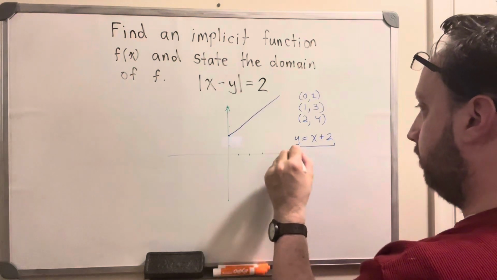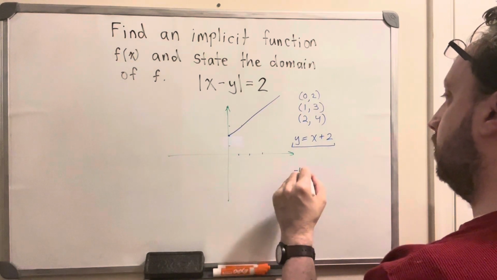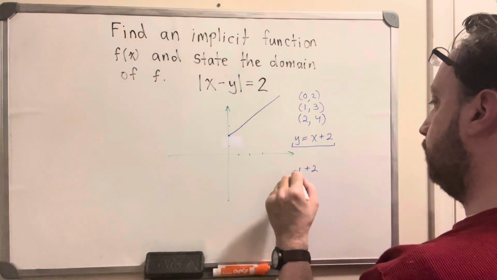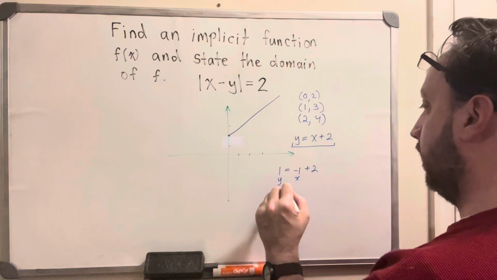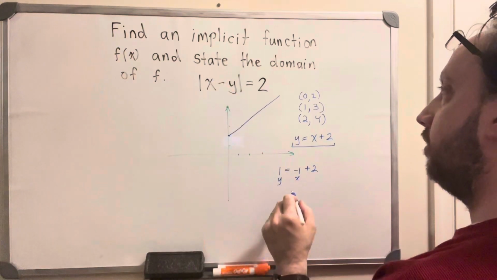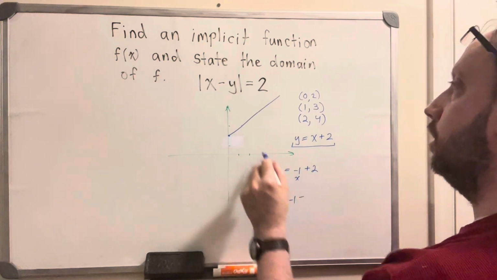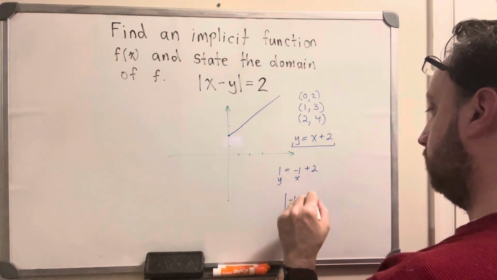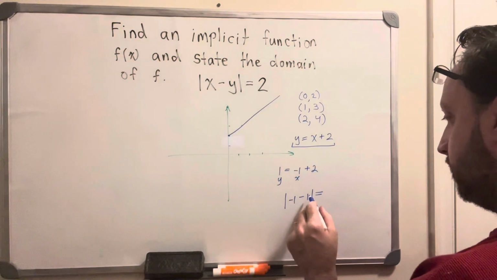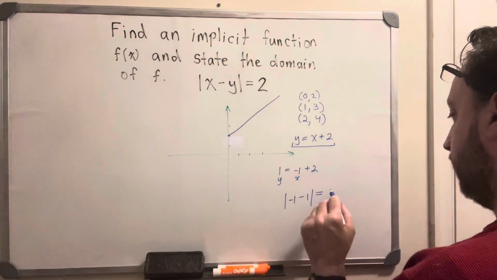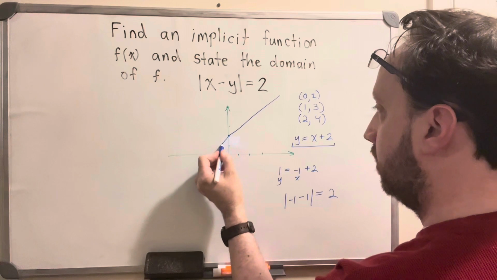Is this valid over the domain? Is this satisfied when x is, say, negative 1? Negative 1 plus 2 equals 1. This is the x and this is the y. Now, is the absolute value of negative 1 minus the y value, 1, equal to 2? Negative 1 minus 1 is negative 2. The absolute value of negative 2 is 2. So it appears that this is on the line.